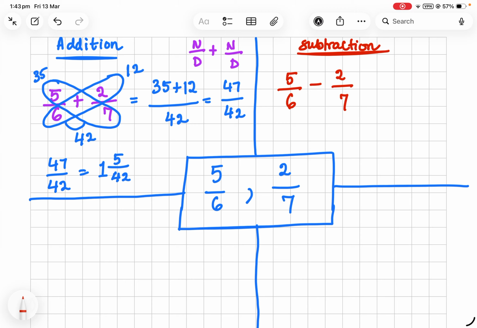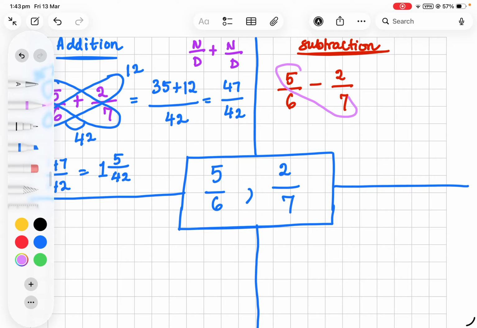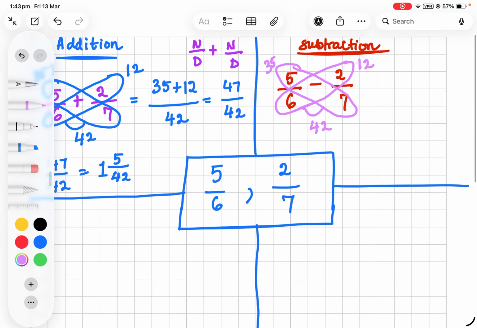You can create your butterfly wings, and don't forget the smiley here. As we have seen, 5 times 7 is 35, 6 times 2 is 12, and 6 times 7 is 42.